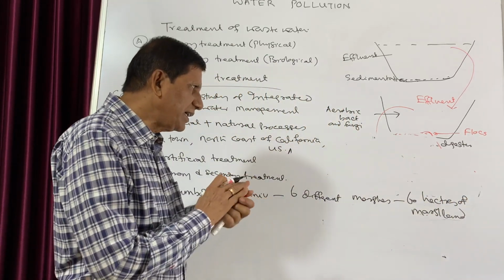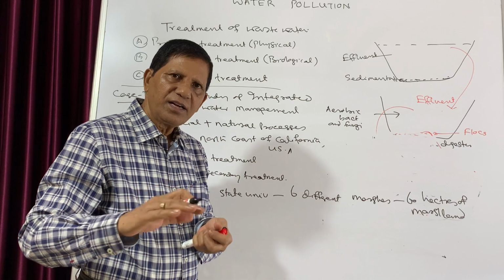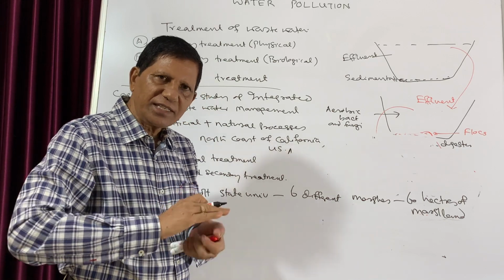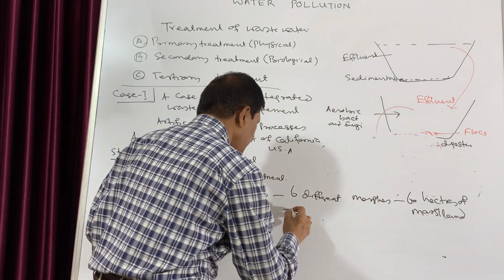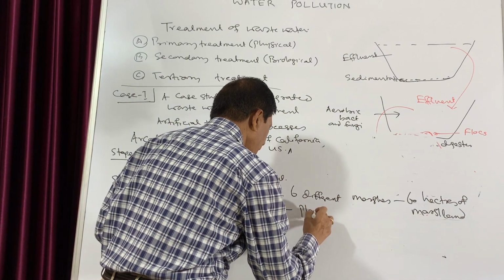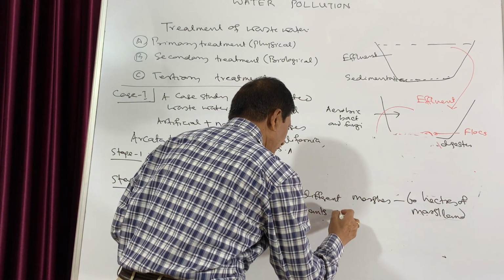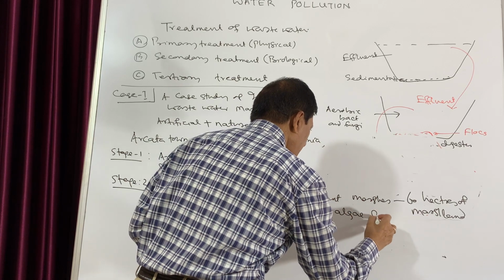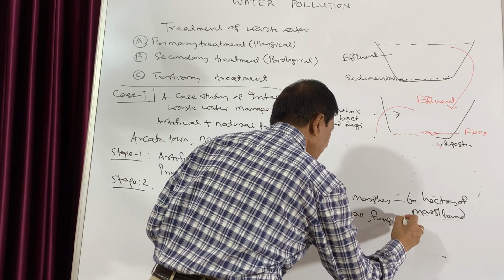And in these 60 hectares of marshland, continuously adjacent to each other, they started growing different types of plants, algae, fungi, and bacteria.